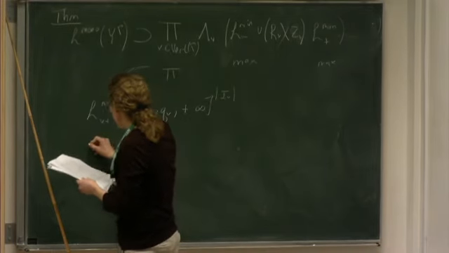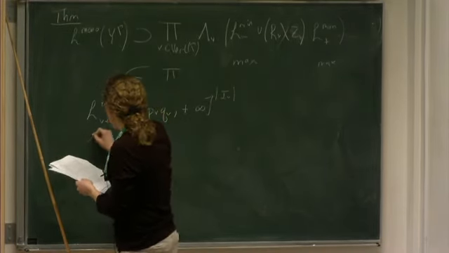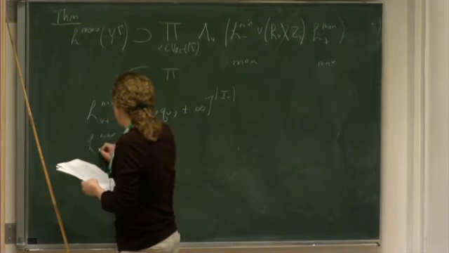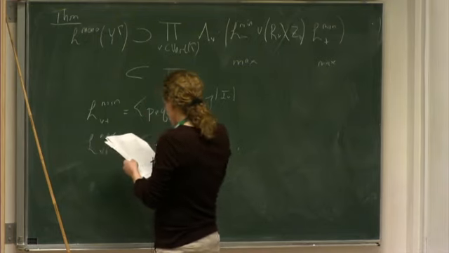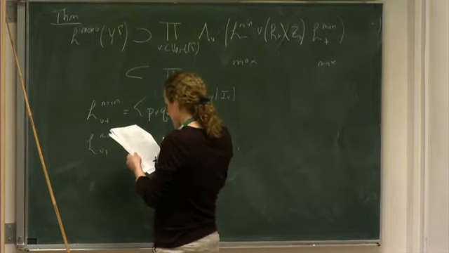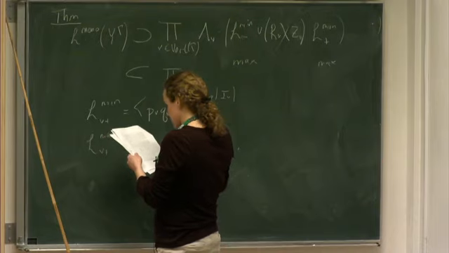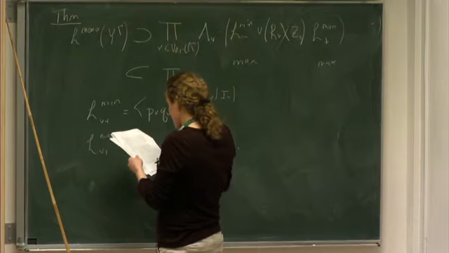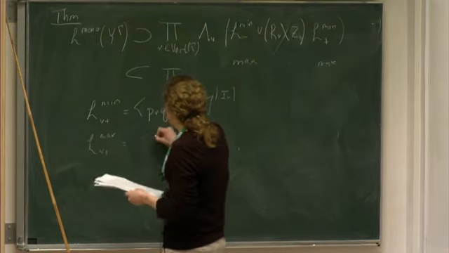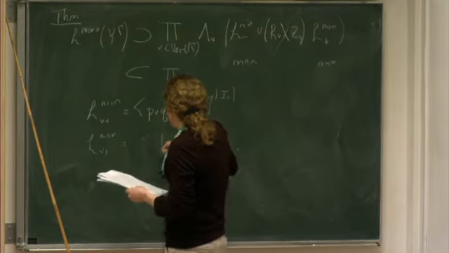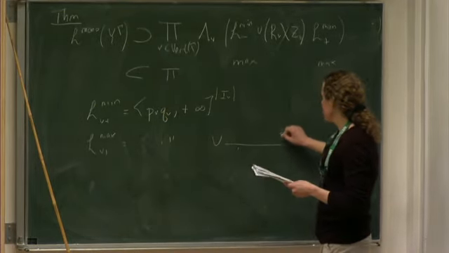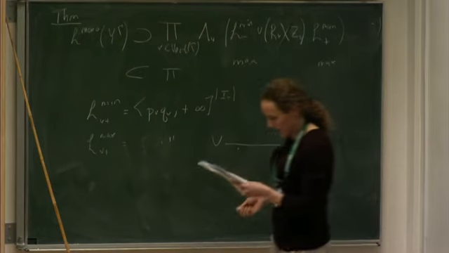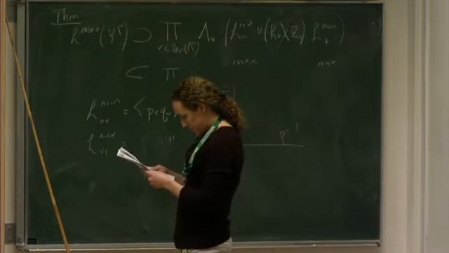And then L max, so it's the same thing. So this union some extra piece that I get if p equals 1, which I'm not going to write down right now.